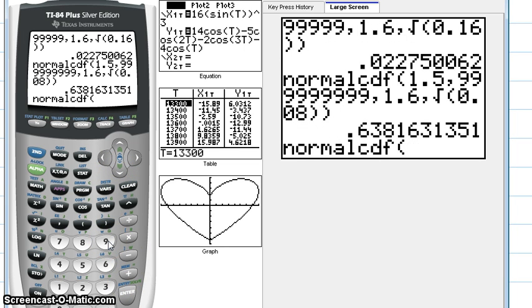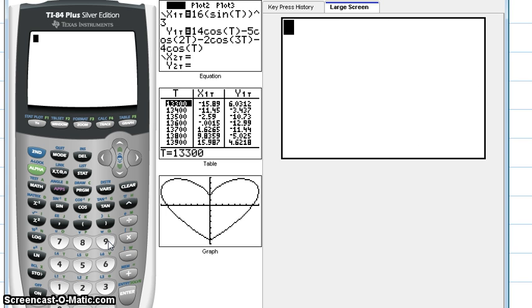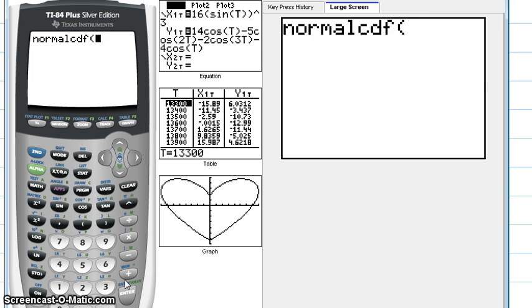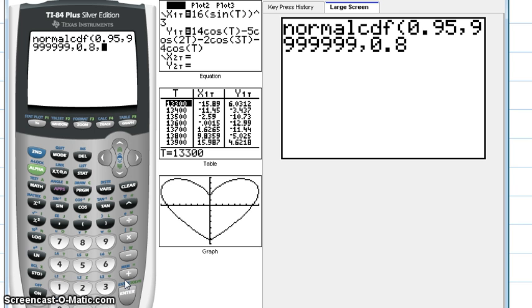The lower bound was negative infinity, right? No, sorry. The lower bound was 0.95 because we want them to weigh more than 0.95. The upper bound is infinity. The mean is 0.8 and the standard deviation is 0.2.